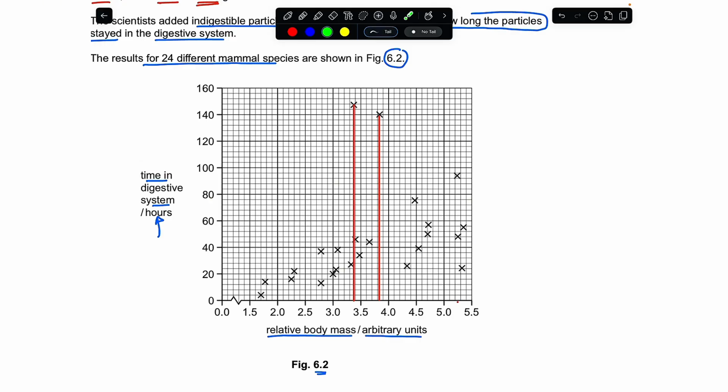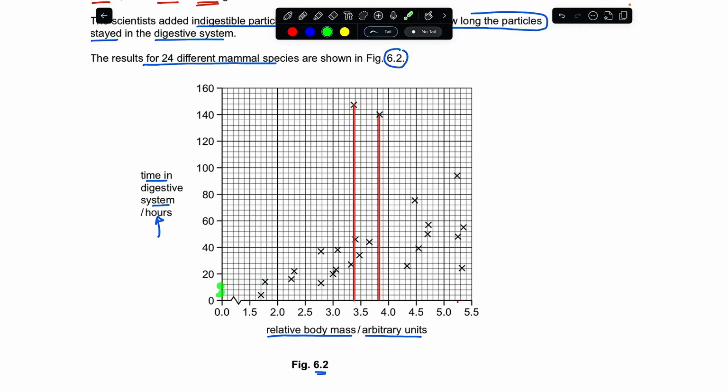So if I look at the smaller body masses, this point here is lying between 1.5 to 2.0. So here the relative body mass would be about 1.75 kgs. And if their body mass is around 1.75 kgs, then how long is the food going to stay?